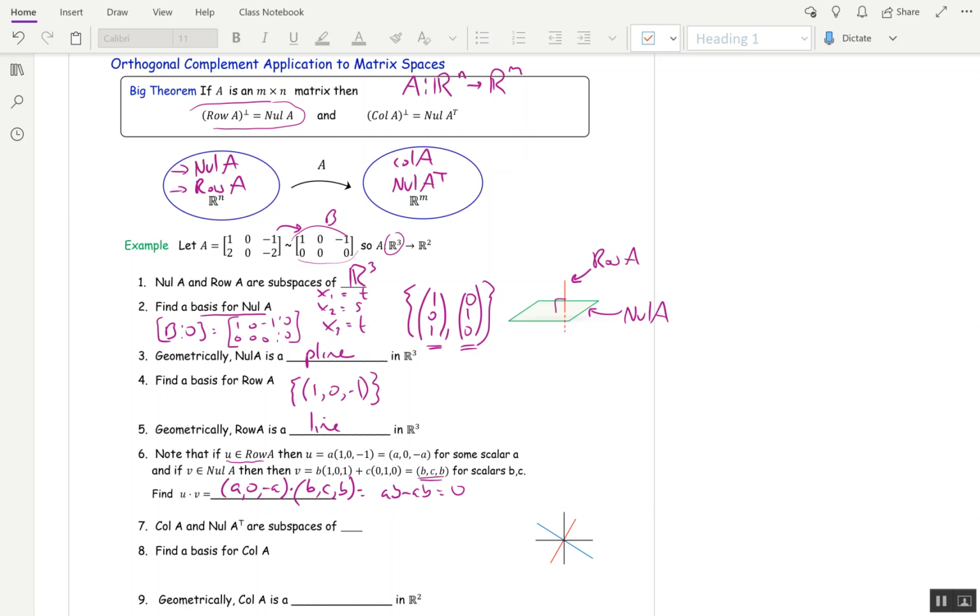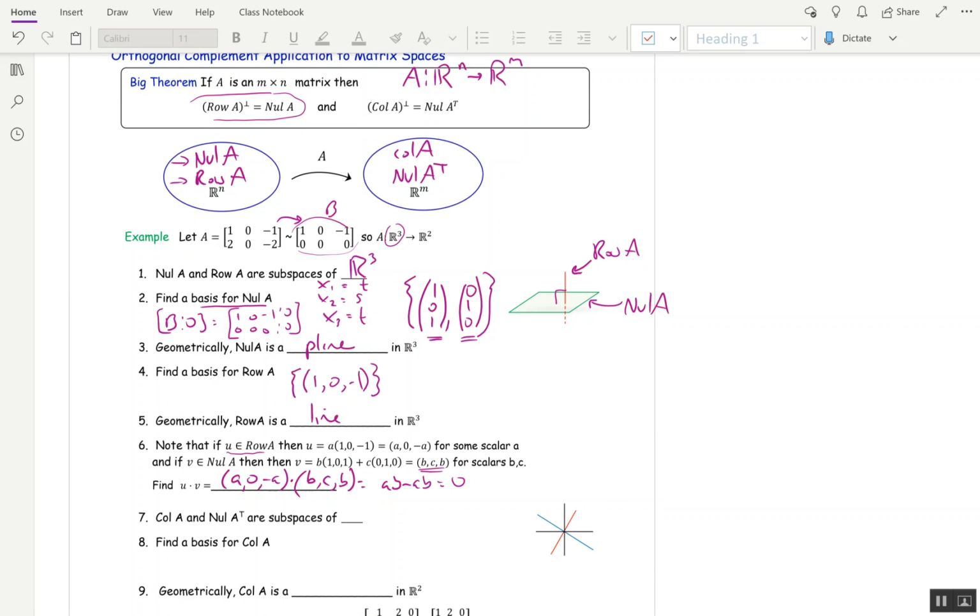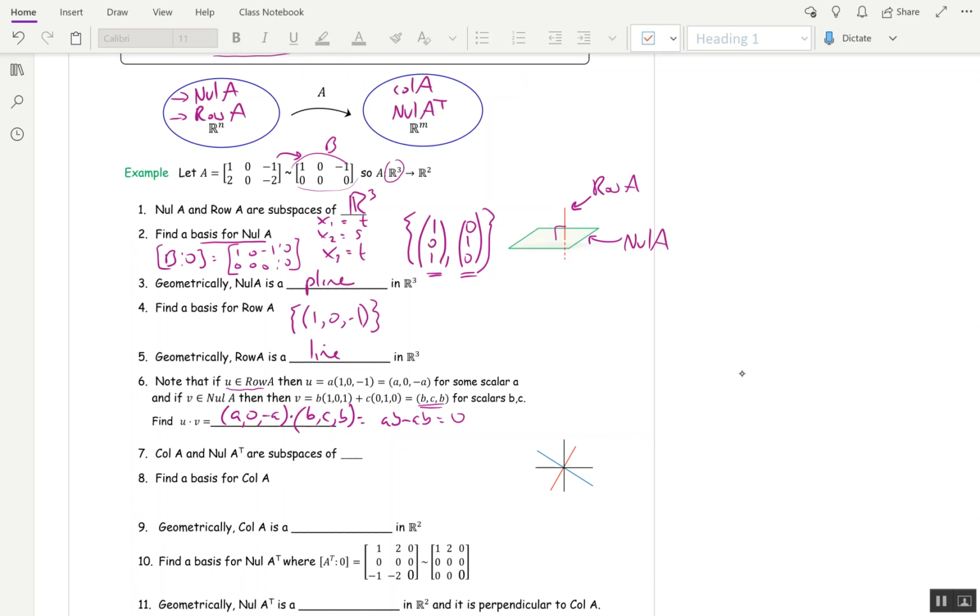We'll see that same thing is true in R2 with col A and null A transpose. So col A and null A transpose are subspaces of R2. Find a basis for col A. So what we do, come up here and look at B. The pivot columns of B, there's only one pivot column, and that's the first column.